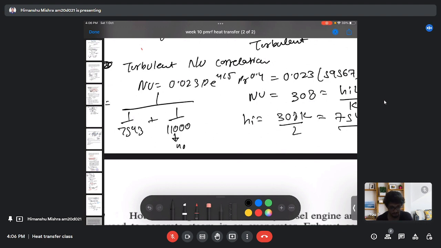This is my outer heat transfer coefficient. So my overall heat transfer coefficient will be 4474. This is my overall heat transfer coefficient. Now I can use my NTU relation, but first we need to find the NTU itself.